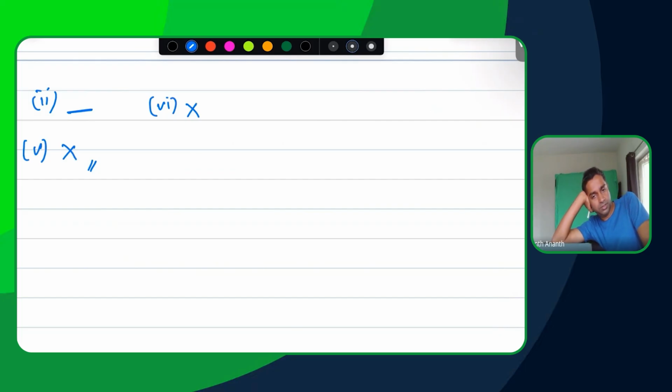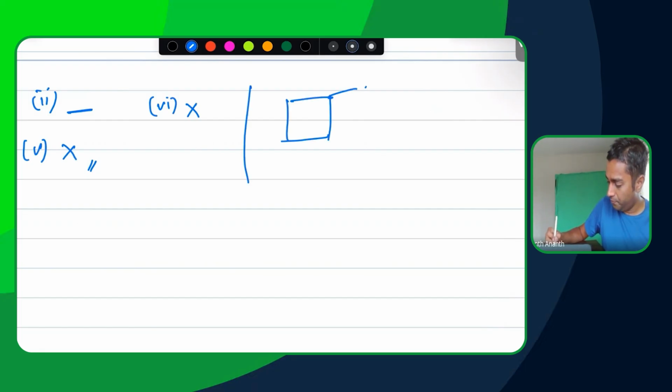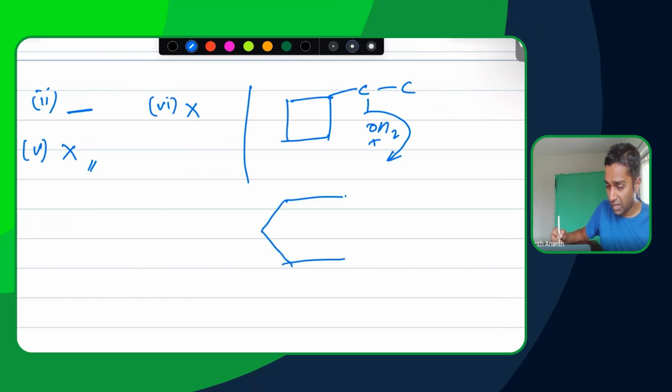Sulfuric acid, let's say it gets protonated. I'll have to try this again. Yeah, we'll probably get it. So 7 should be correct.